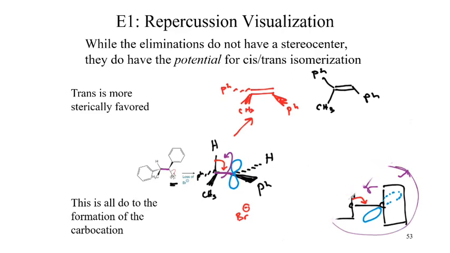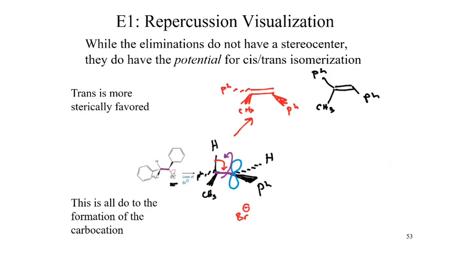So what happens if we rotate it a full 180? Well, let's look at our drawing. If we rotate a full 180, we're going to leave the left-hand side of the molecule alone, so keep that wedged and dashed. There's our hydrogen. And if we do a full 180, that phenyl, instead of being aimed at you, is now going to be aimed away from you. The hydrogen is now aimed at us.